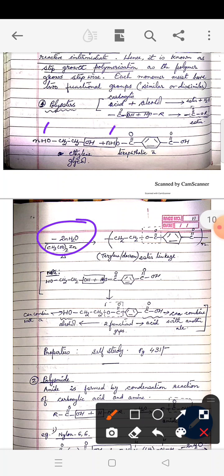And this reaction demands a catalyst which is zinc acetate followed by heating. Please remember, in condensation reactions we usually don't use peroxide because the mechanism is not free radical. So you might know some of the properties of polyester. There was a time when polyester clothes were very much available in the market.